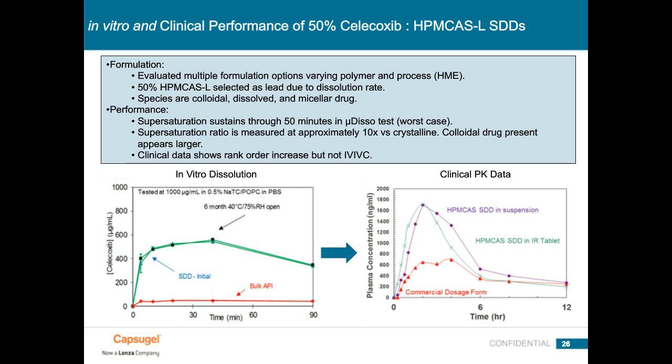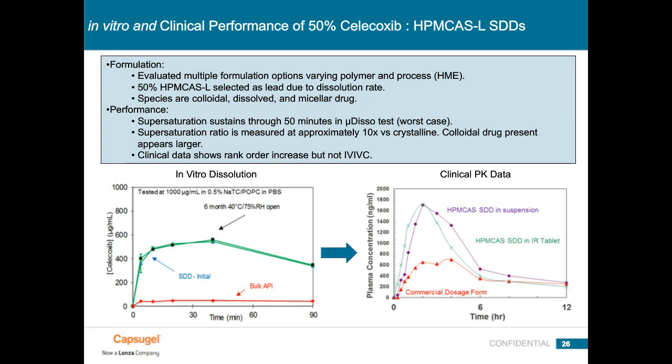In red is the bulk crystalline API, and in green is the dissolution performance of the spray-dried dispersion, both initially and after 6 months of aggressive stability conditions at 40/75. What we can see here is that indeed the SDD gives very enhanced dissolution performance in terms of extent of dissolution, and sustains that high concentration for at least 40 minutes through the test.